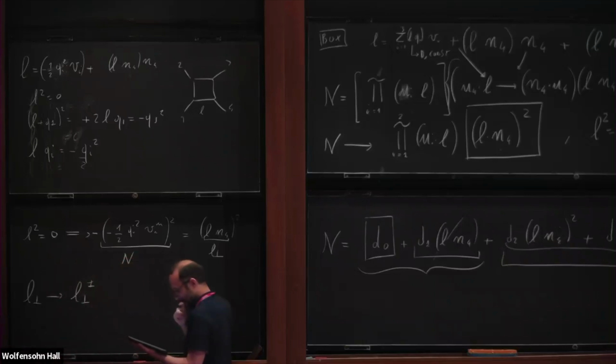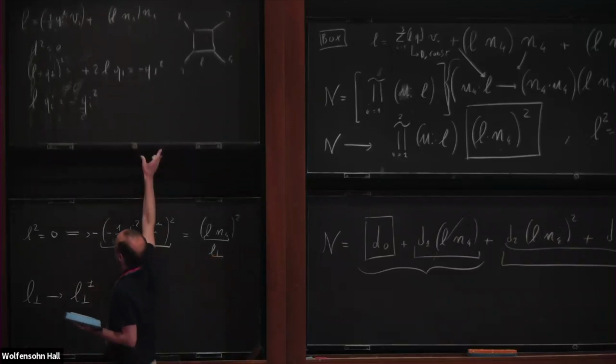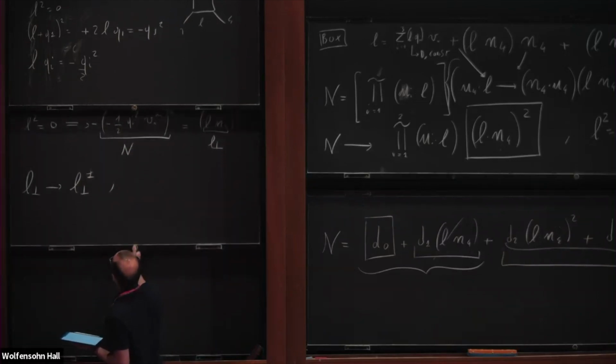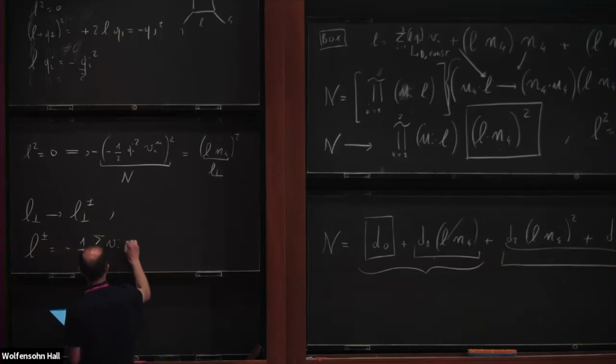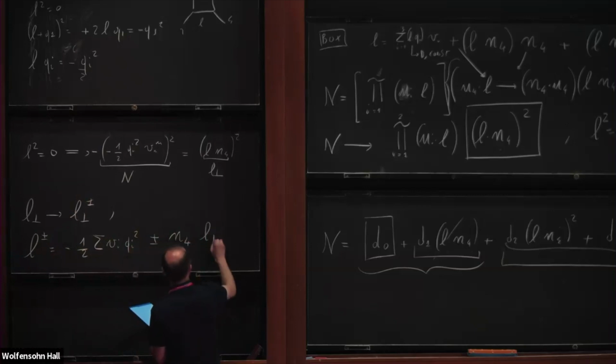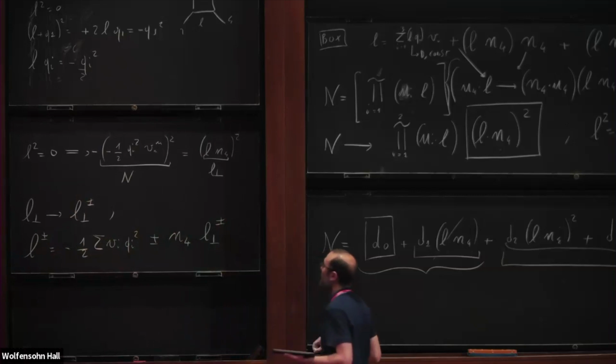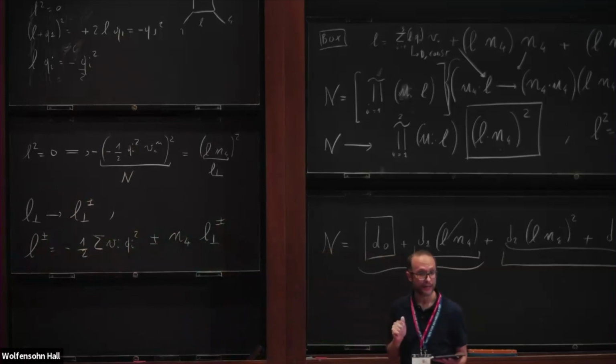And then I see that after I substitute this, my cut loop momentum has a part which doesn't have any plus minus. So that's the part that we had before. And then plus minus N4, and then L perp plus minus. Okay? So that's the general solution of a cut condition.